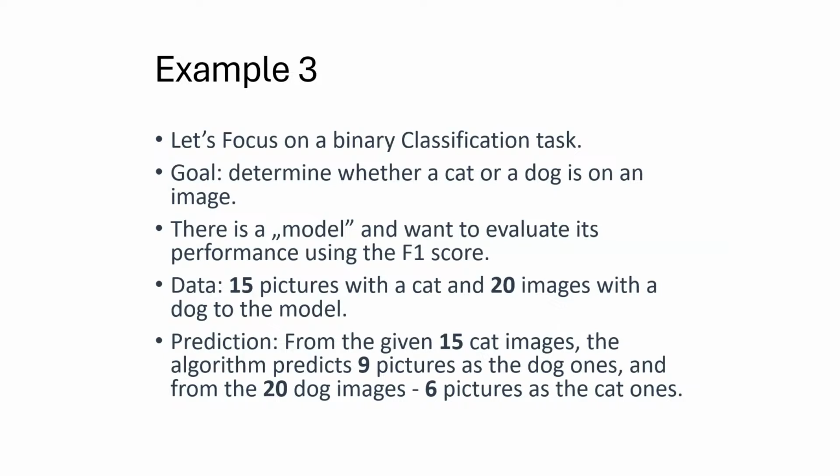And here is the output of the model. From the given 15 cat images, the algorithm predicts 9 pictures as a dog, and from the 20 images of a dog, 6 pictures as a cat.